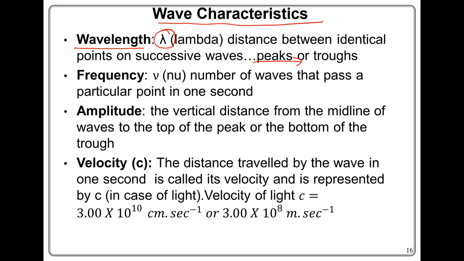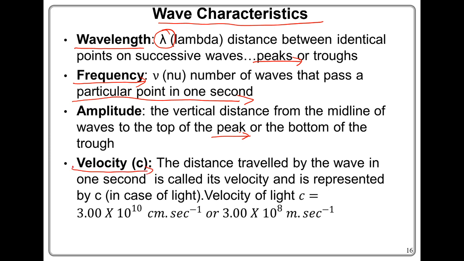Then you have the frequency. A frequency is just the number of waves passing through a particular point per second. Then you have the amplitude. The amplitude is just the height from the base to the peak maxima. I'll show you what an amplitude is when you look at the slide. Then you have velocity.